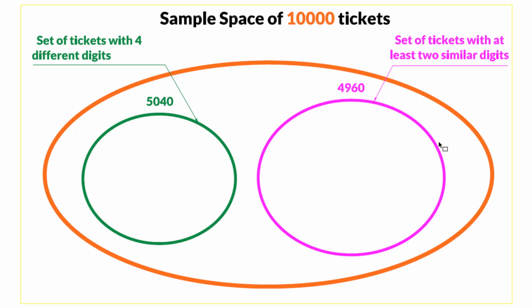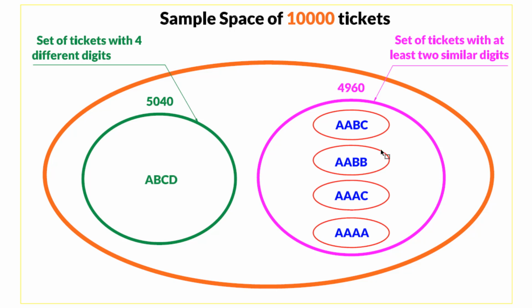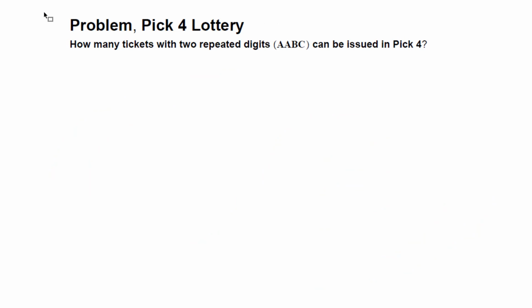But inside this group we also have another 4 subgroups: the tickets of the form AABC, AABB, AAAB, and 4 A's. Now we are interested in knowing the number of each subgroup. This is what we still don't know. So this question is a bit difficult.